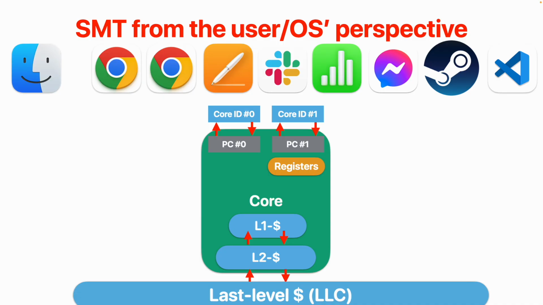But anyway, traditionally, each processor should only have one program counter with one core ID. But with simultaneous multi-threading, we are actually creating another program counter so that you can track the progress of another program and another core ID, so the operating system will be fooled into saying that, oh, I have two processors now.